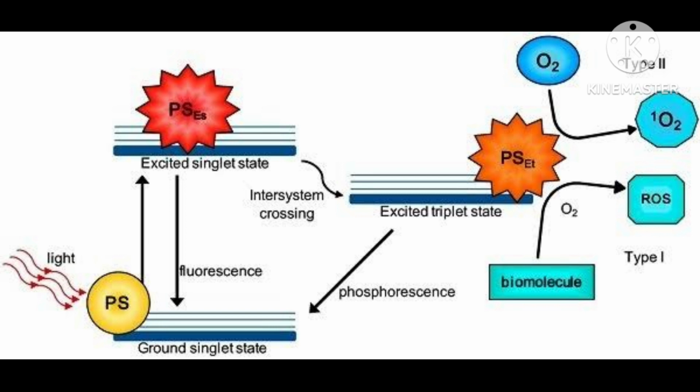Photochemistry means photo means light, so the chemical reaction due to sunlight is studied under photochemistry. This reaction takes place under UV light, ultraviolet. Its range is 100 to 400 nanometer.